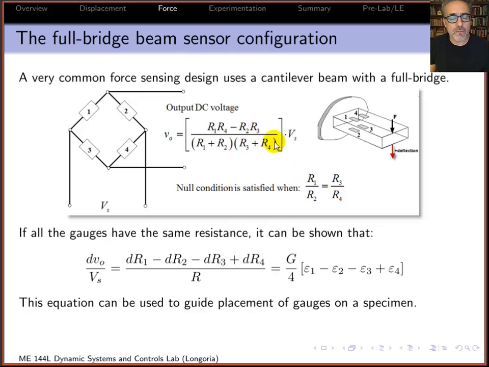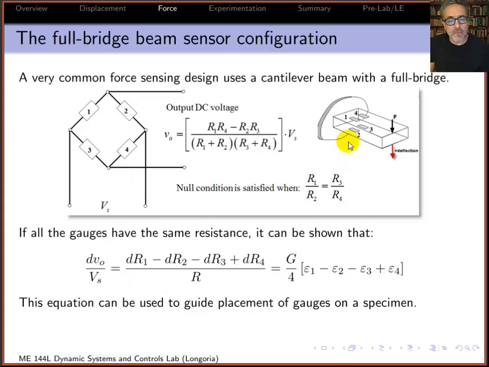So we have a null condition and we apply the load. These resistances change. It can be shown that the change in voltage per unit input voltage V, this is a constant, but this delta depends on the changes of each of those resistors, and that falls out into, for this full bridge configuration, a really nice relationship where you have the gauge factor, remember that, and each of the strains of the 4 strain gauges in this bridge.